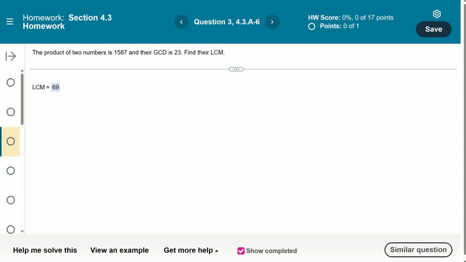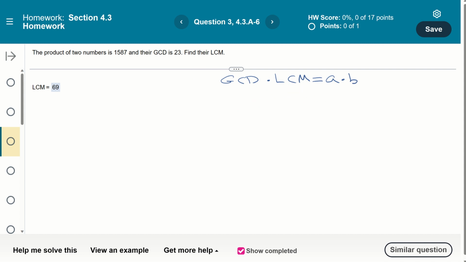Namely, the fact that the GCD of two numbers times, I'm just going to write GCD times LCM. We know we're talking about the two numbers, so it's going to be their product, right? Let's call them A and B, so A times B. I'm looking for the LCM, so I need to solve this equation for LCM.